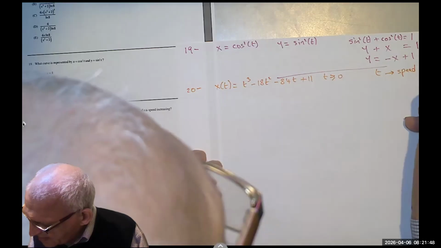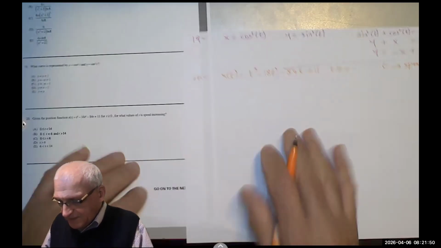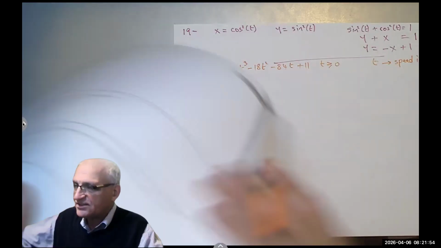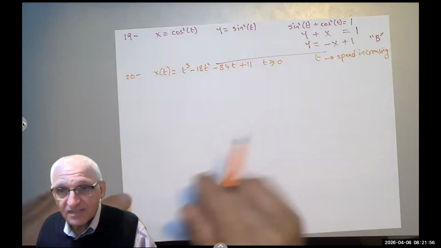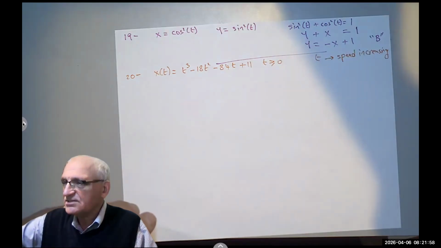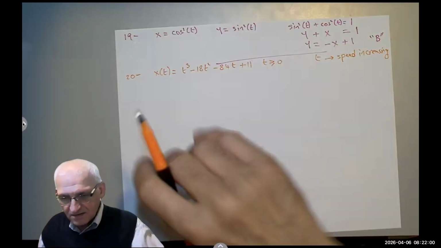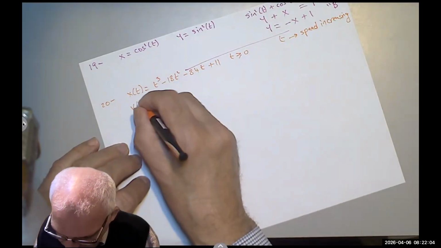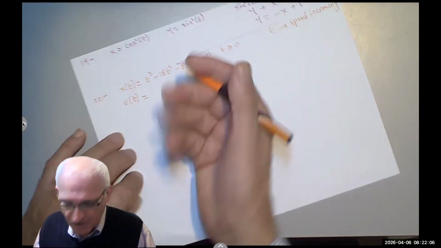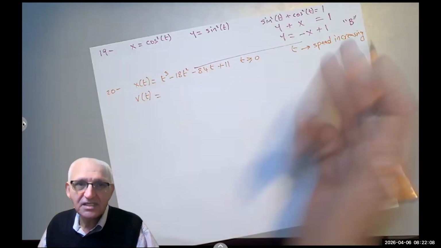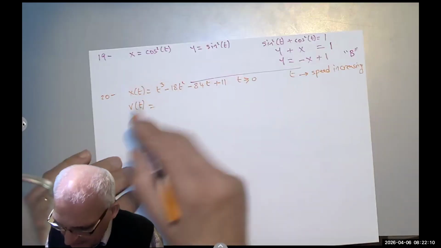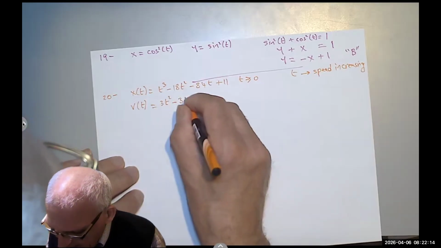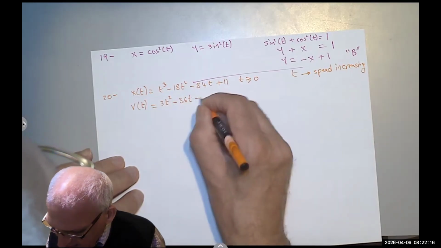And here you have to be careful. I know that the derivative of the position vector with respect to time gives me the velocity. So v of t, which in physics we usually call x dot of t, meaning the derivative with respect to time, is 3t squared minus 36t minus 84.